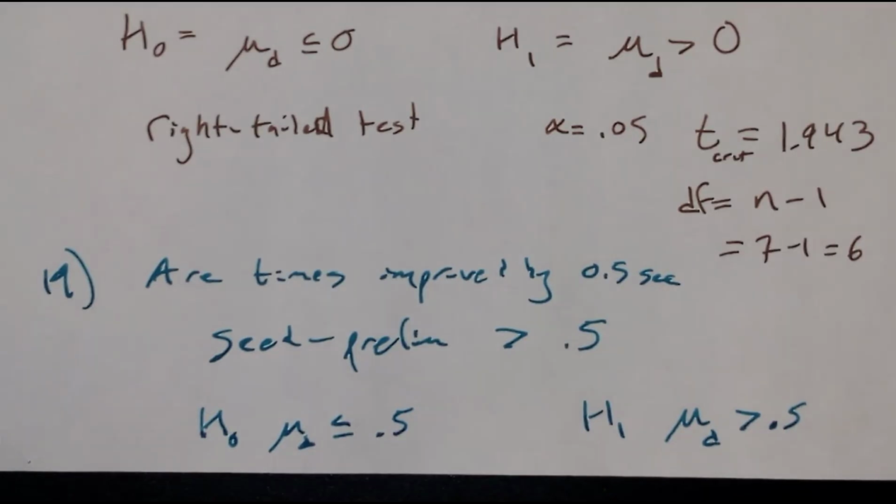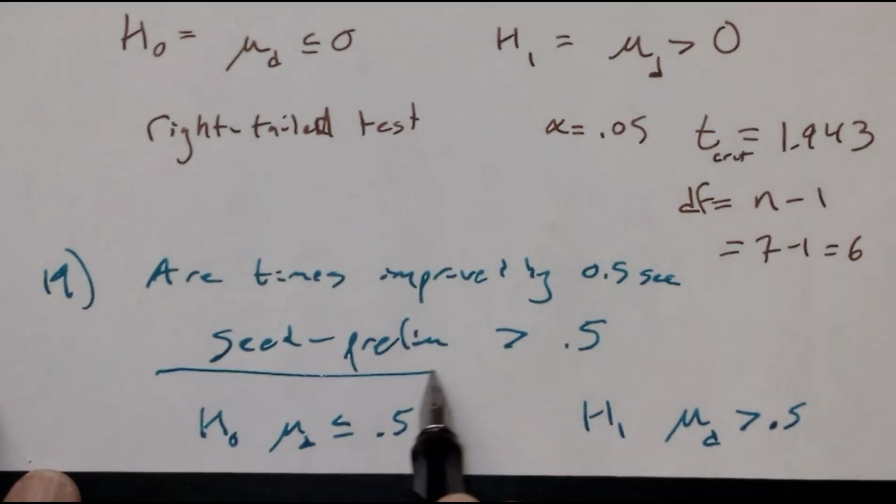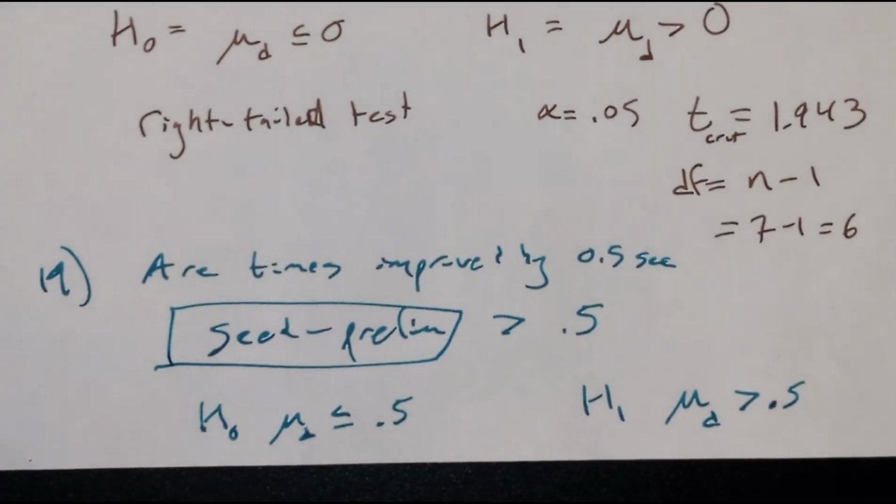But that means I need to make sure I'm doing that difference in the particular order I want. Because if I did it in the other order, I'd get negative 0.5, right? My championship competition race versus the race I brought in before that, well, this one should be faster, my time should be negative. Okay.